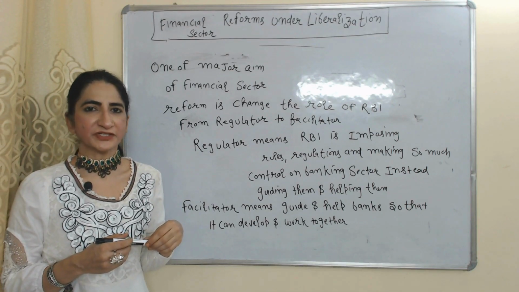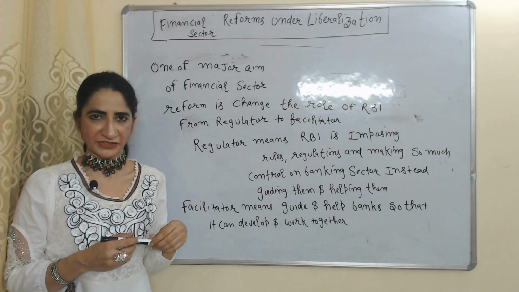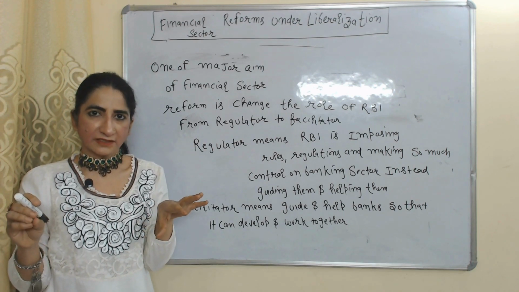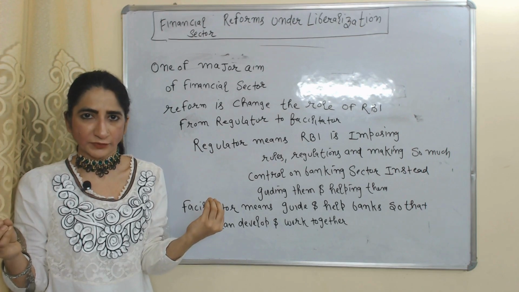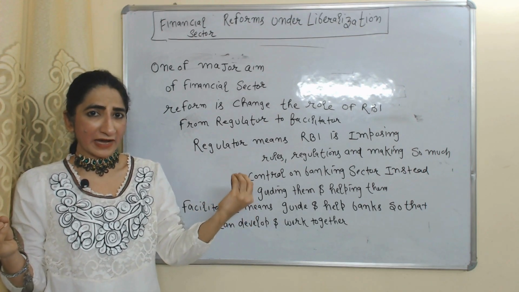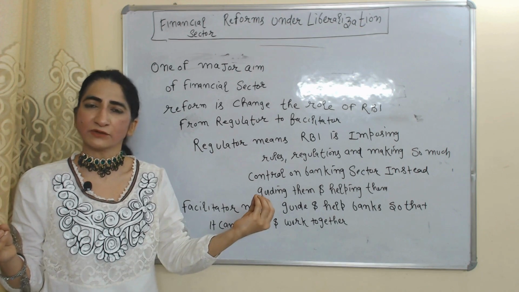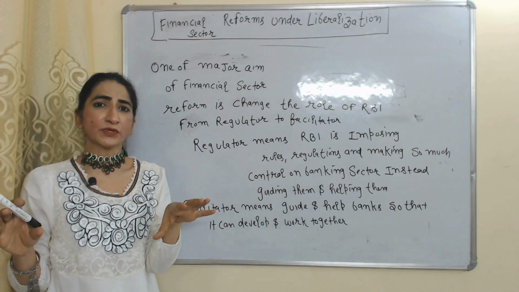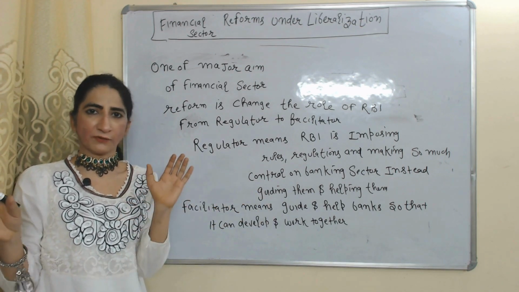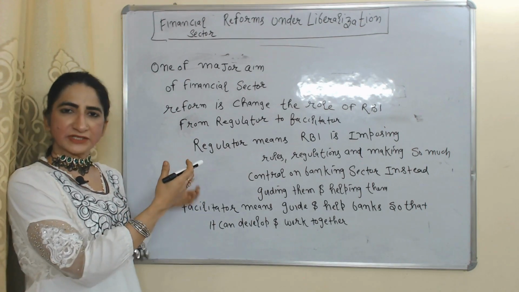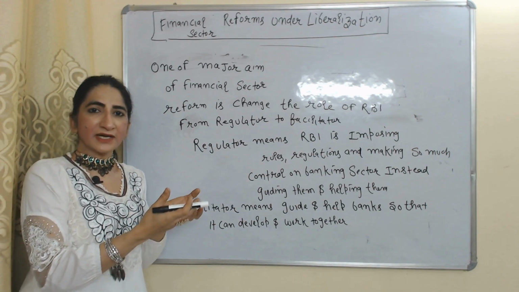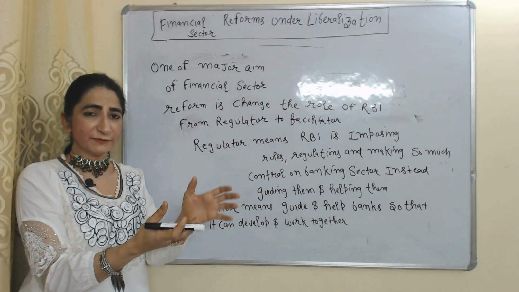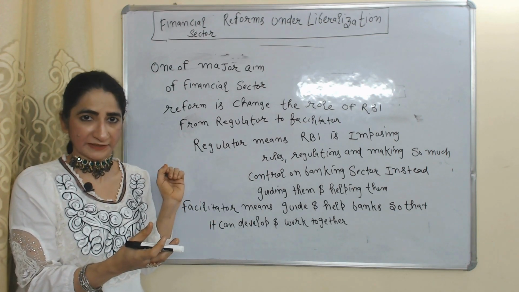Next is financial reforms under liberalization. One of the major aims of financial reforms is to change the role of the RBI from regulator to facilitator. As we know, RBI is the Reserve Bank of India, and under financial sector reforms, we are changing the role of RBI from regulator to facilitator.